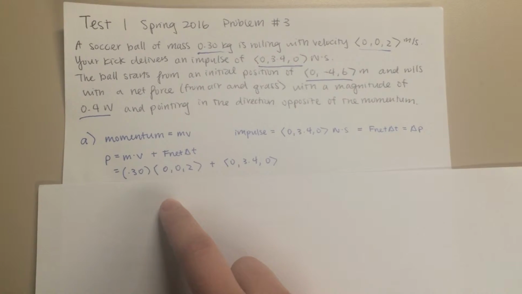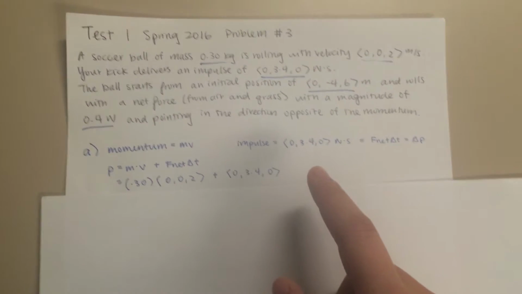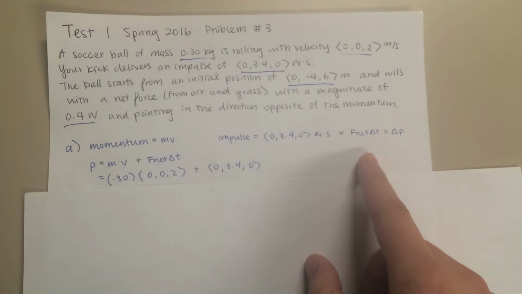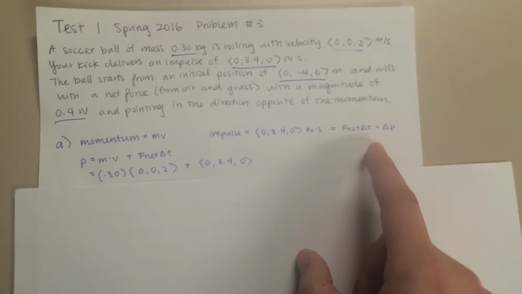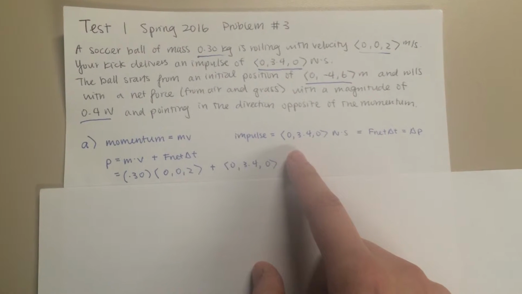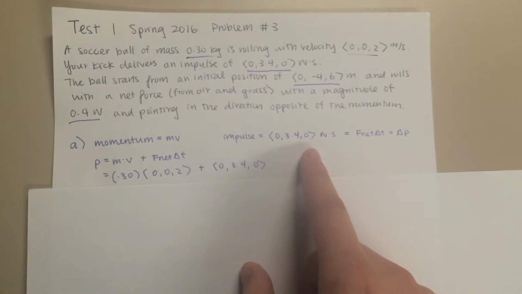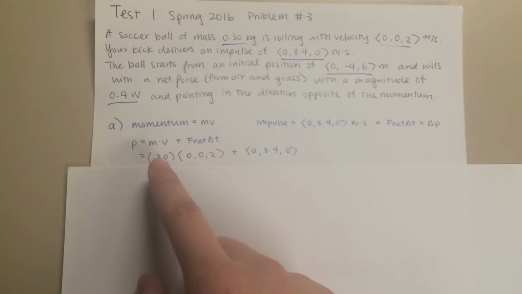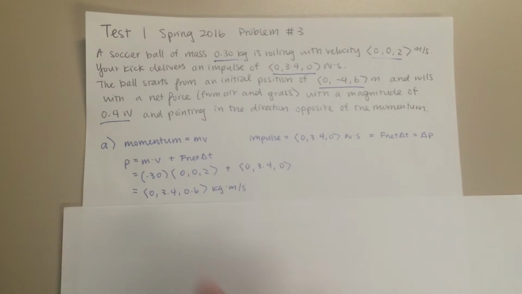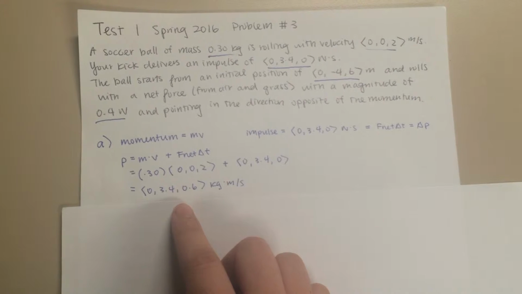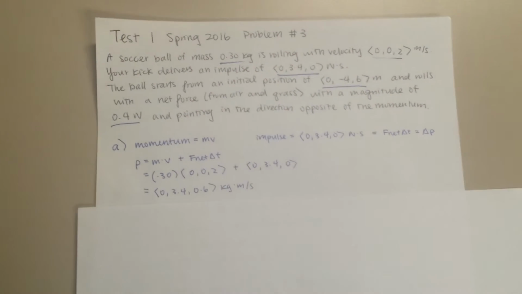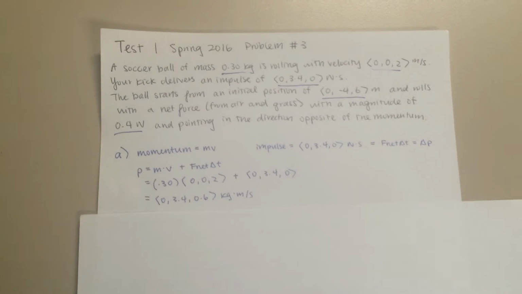But it also includes the impulse in the question, and we know that impulse is equal to F net times delta t, which is equal to delta p, the change in momentum. So we want to add the impulse, which is 3.40 newtons per second, to the mass times velocity to get the total momentum. And once we do that, we can calculate and get 0.6 kilograms meters per second. So that will be the first part.